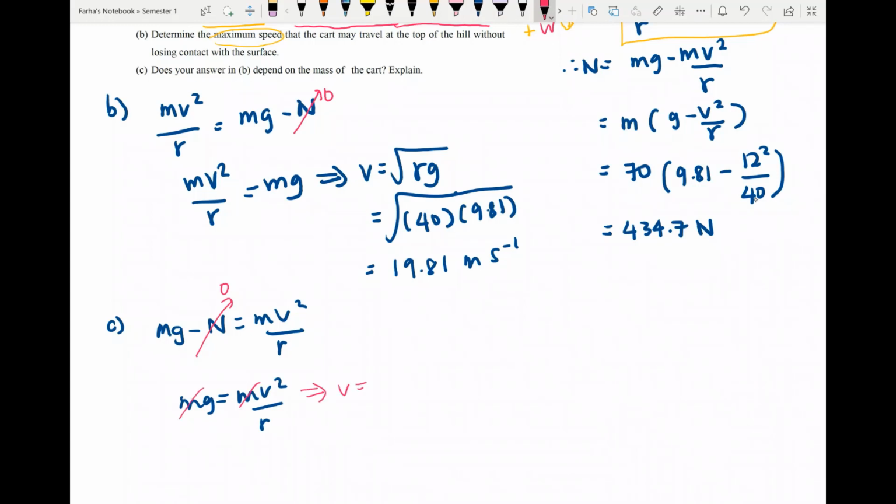Yang tinggal adalah V equals to square root rg. Okay, ini adalah yang kita dah derive tadi. So kalau awak lihat dalam kita punya equation ni, tak ada pun melibatkan mass. Okay, therefore kita boleh state dekat sini V is independent of mass. Okay, itu adalah jawapan bagi C.